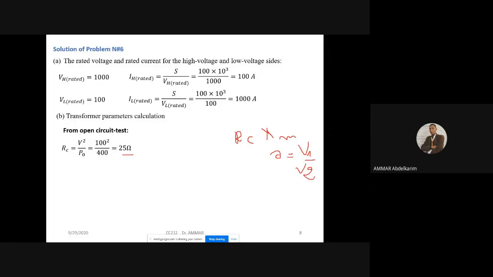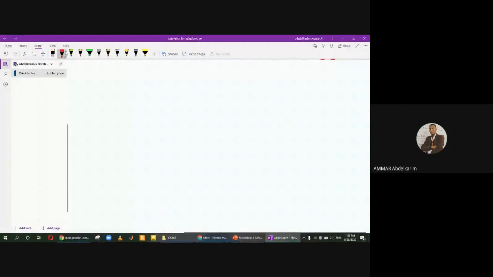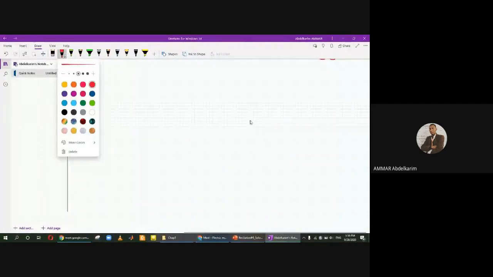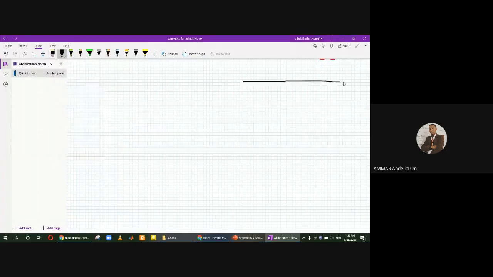So in order to find X_M, let's go to the table. In the no load test, generally we neglect the resistances and the reactances of the primary and the secondary.